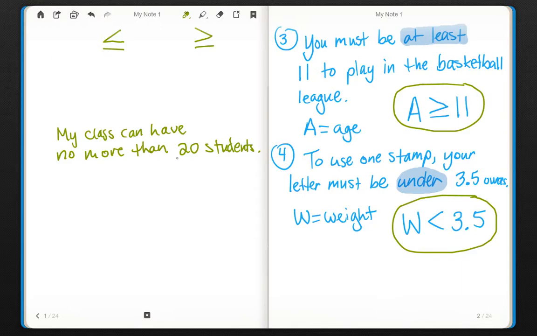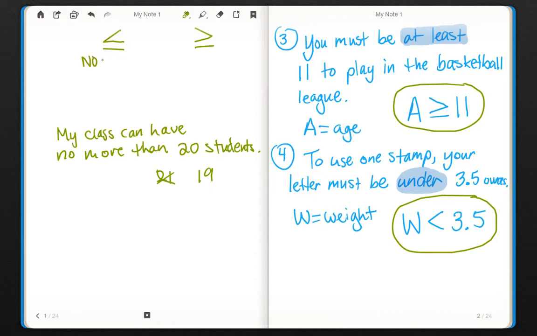So think about what numbers would be no more than 20. Would the number 21 be no more than 20? No, my class would be too big. So I can't go over 20. But what about 19? If my class can have no more than 20, could it have 19? Yes. So you could have less than 20, but you could also have 20 students. So it's this less than or equal to.